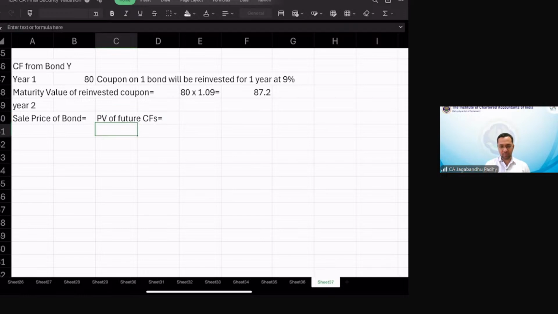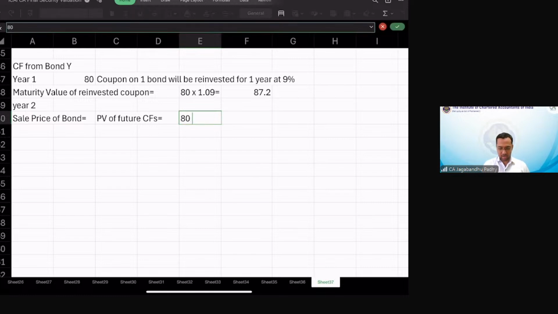It has 2 more coupons to come, so there will be 80 into the present value annuity factor at the new YTM of 9% for 2 years, plus 1000 into the present value factor at 9% for 2 years.